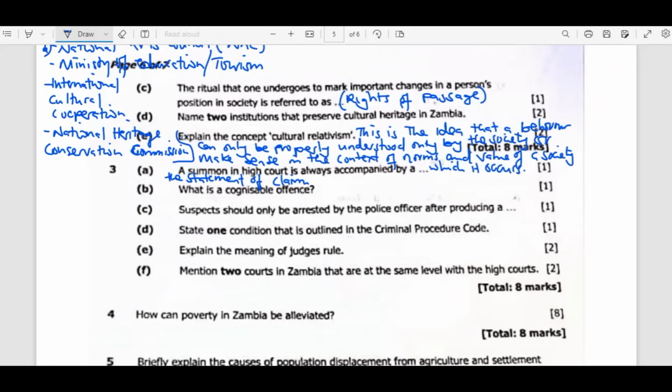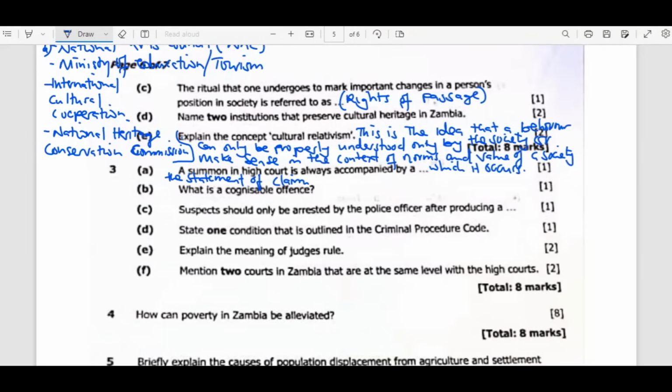What is a cognizable offense? So meaning that an offense that you can see.